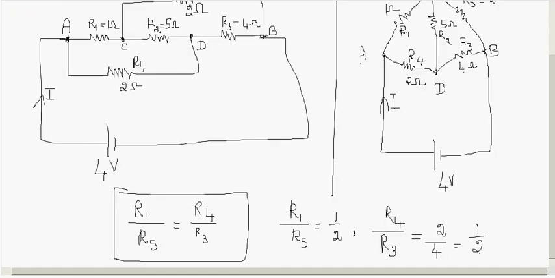So in the given circuit, R1 by R5 is equal to R4 by R3.